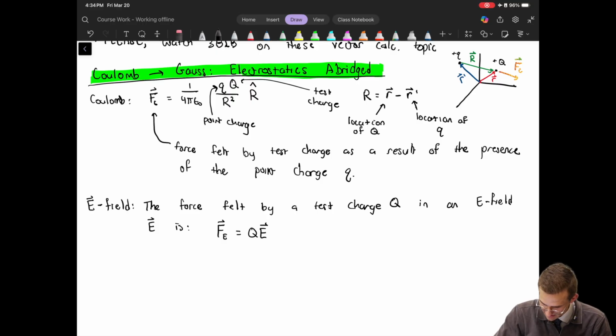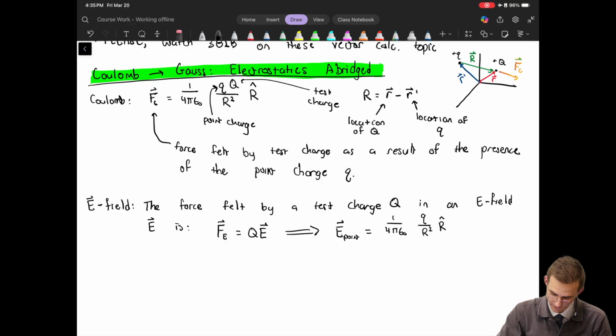So then if we wanted to write the resultant E field from a point charge, we get 1 over 4 pi epsilon naught times q, the point charge value, the source, over R squared times R hat.